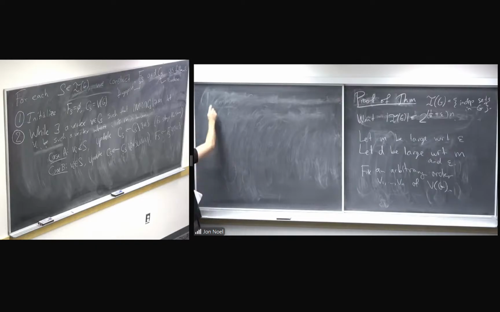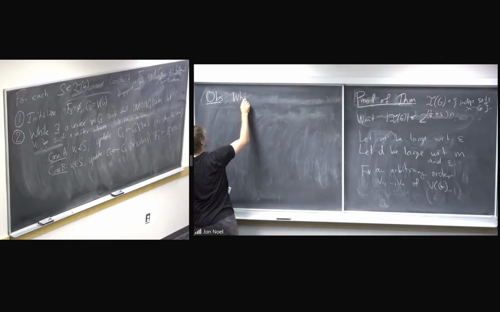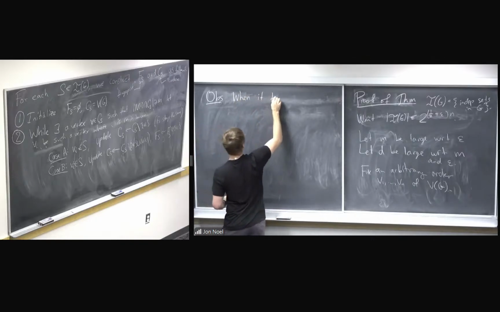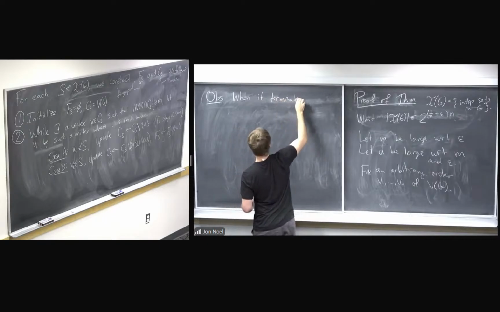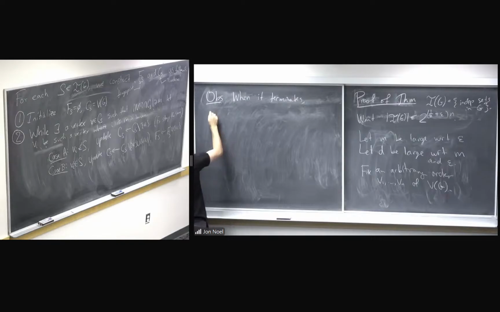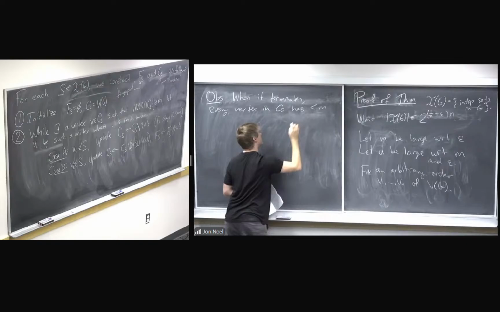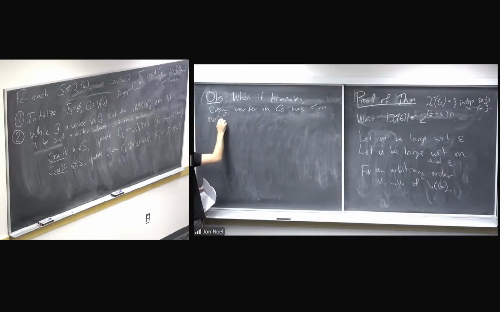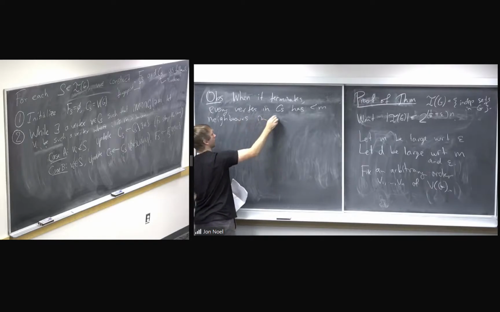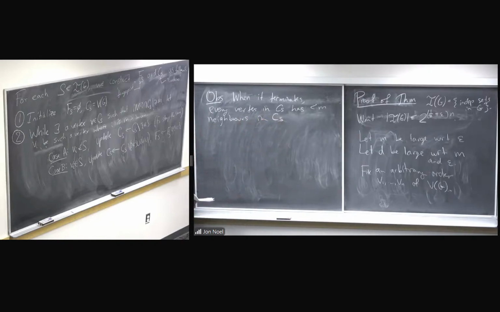Okay, let's make some observations. So when this terminates, every vertex in CS has less than m neighbors in CS, right? Otherwise, we would have continued.